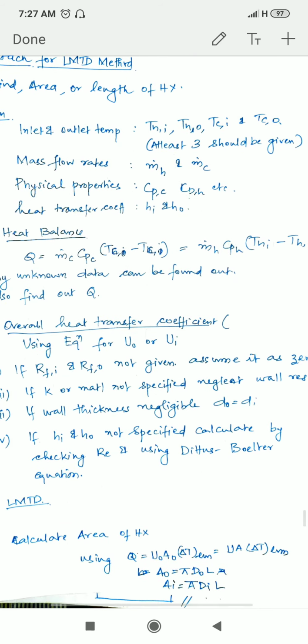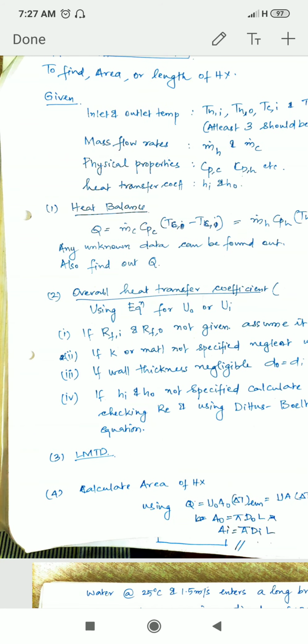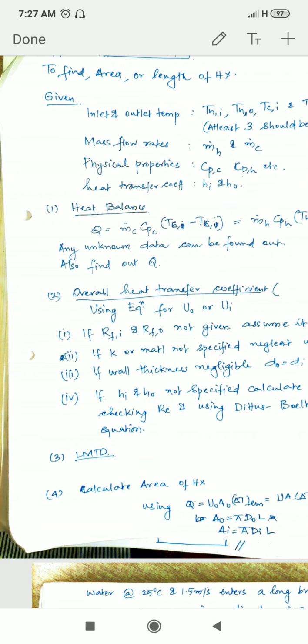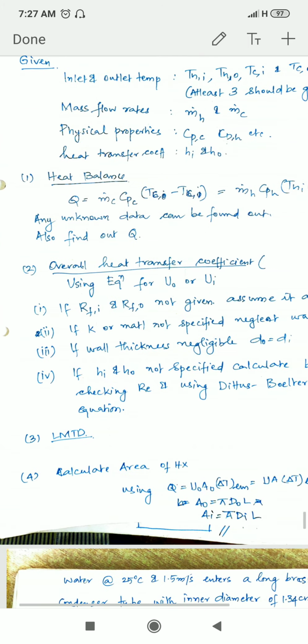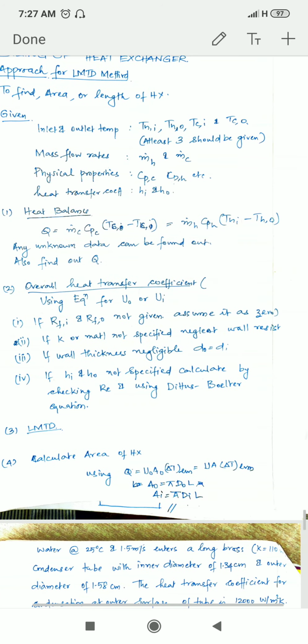Now the second step, LMTD, or you can swap it over to find out the overall heat transfer coefficient. The overall heat transfer coefficient can be UO or UI, as already discussed. You can use our data book for the formula, and as I mentioned earlier, if the wall resistance or wall thickness is negligibly small, U can be taken as 1 by U equal to 1 by Hi plus 1 by Ho.